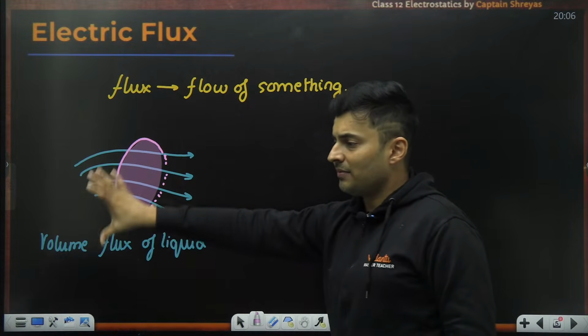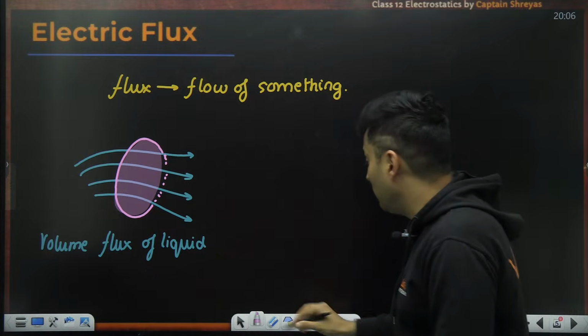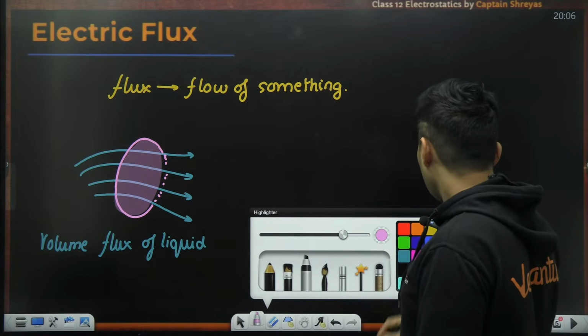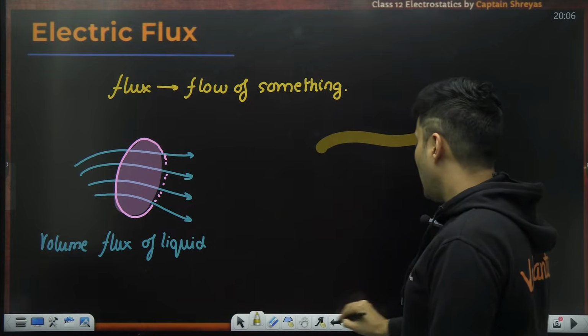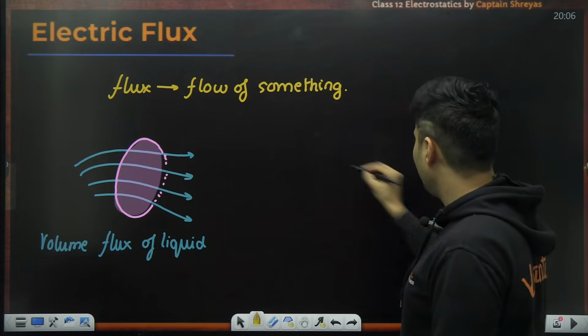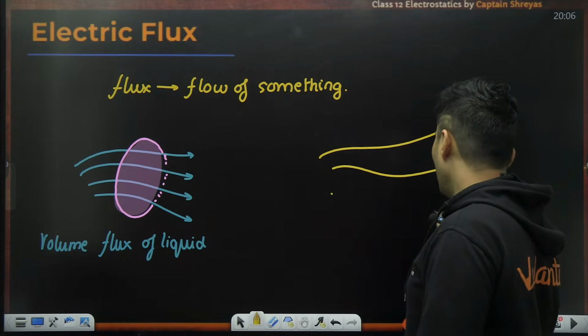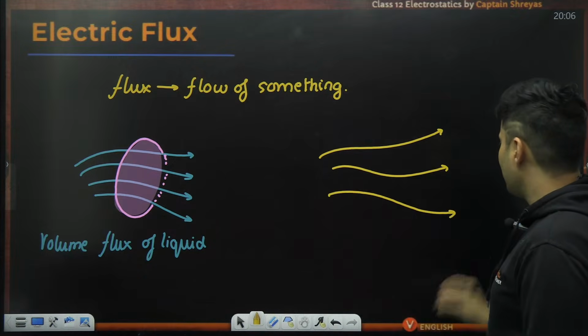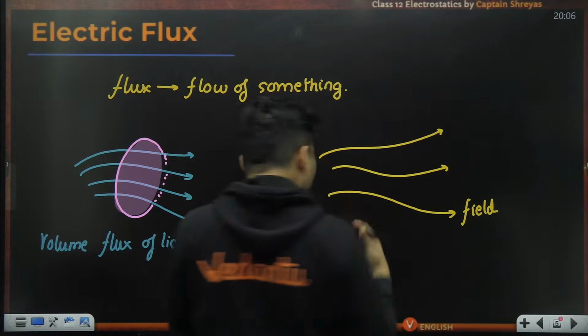So, if a liquid is flowing with some streamlines, similarly, I can show our electric field, or any kind of field, flowing like this in our space. It could be any kind of field.